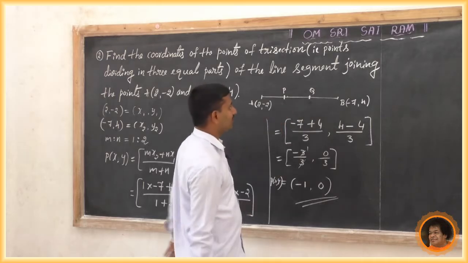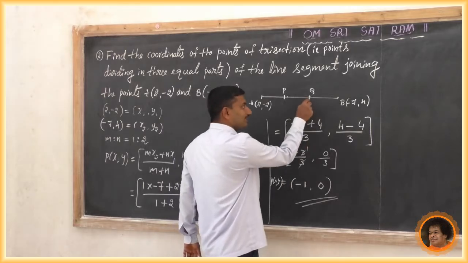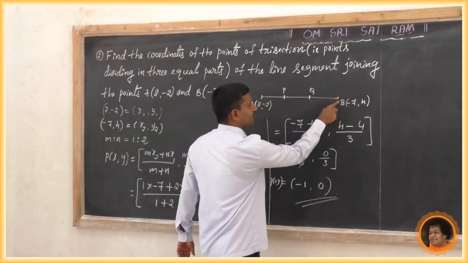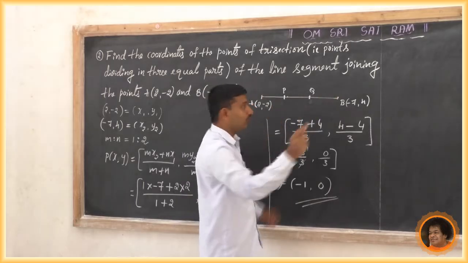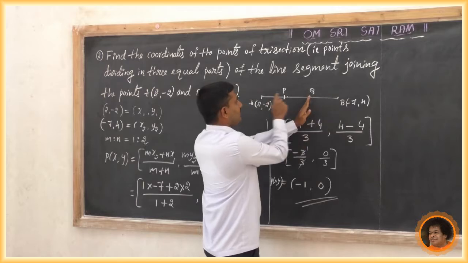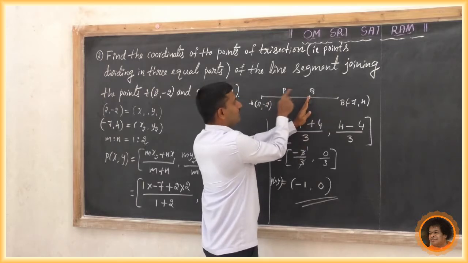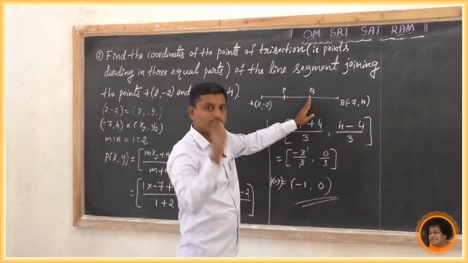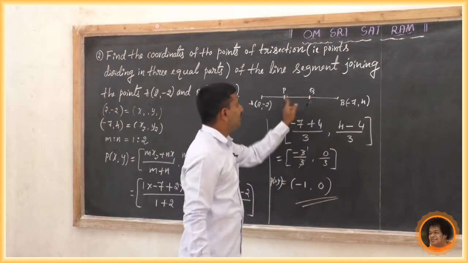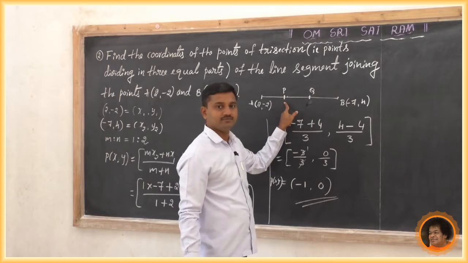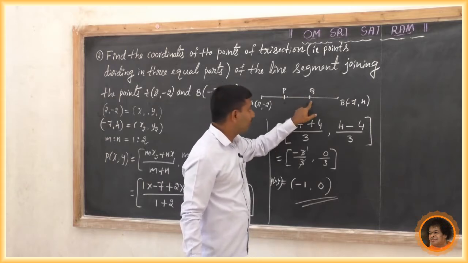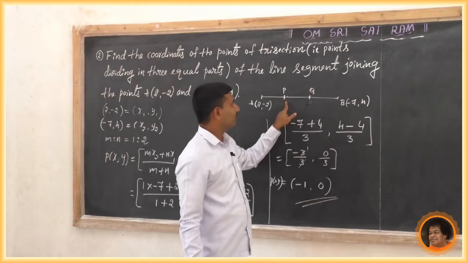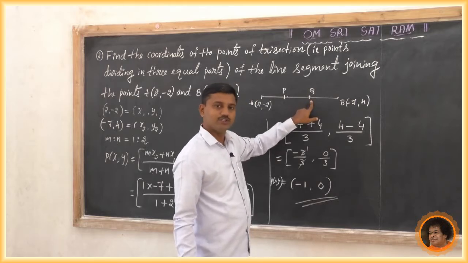In the first method, Q divides the line segment AB in the ratio 2:1, here 2 units, here 1 unit. Or in other words, in one more method, Q is the midpoint of BP. Clear? Q is the midpoint of BP. By using the midpoint formula, we can find the coordinates of the point Q.